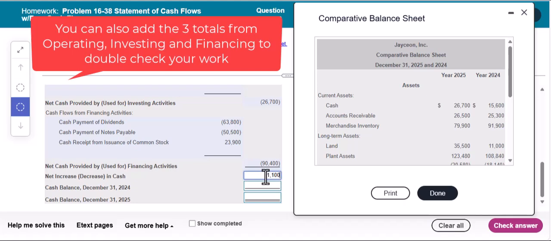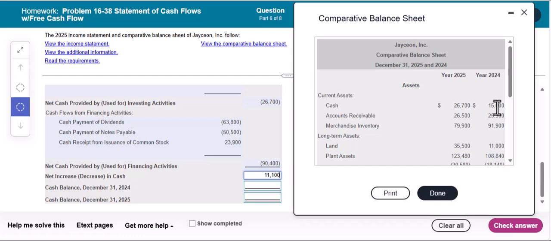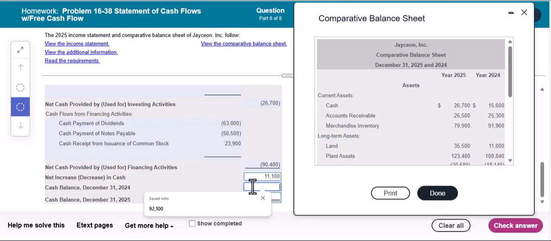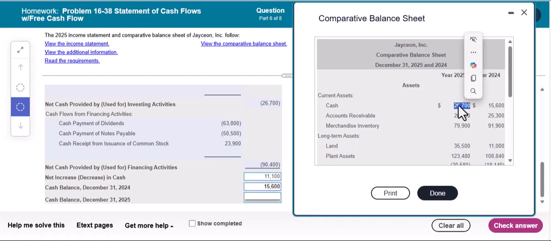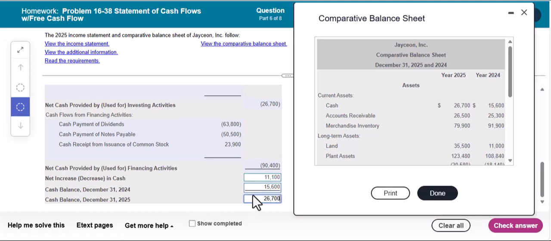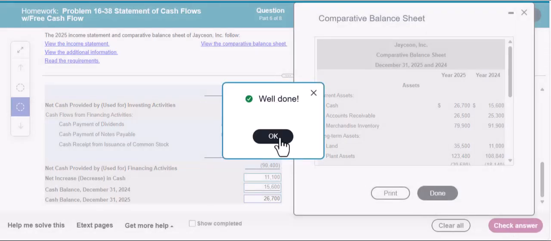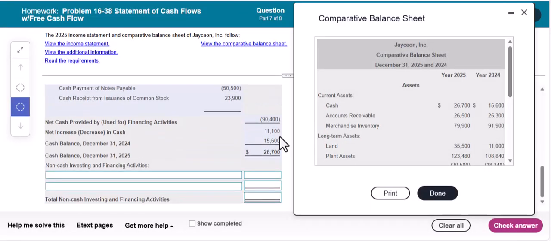And then the easy part here is we can go ahead and copy and paste these numbers in here. So cash balance of December 31st, 2024, we can go ahead and copy and paste because that is given to us here. And let's go ahead and check our answer now. Well done. Okay. And there is more.